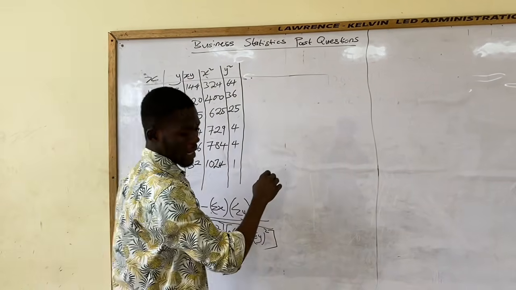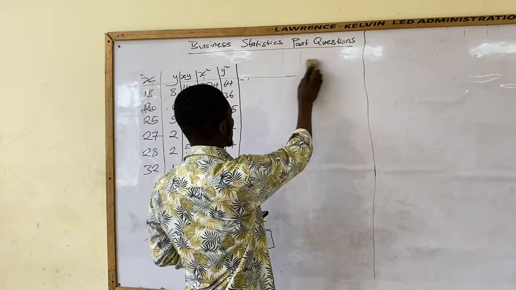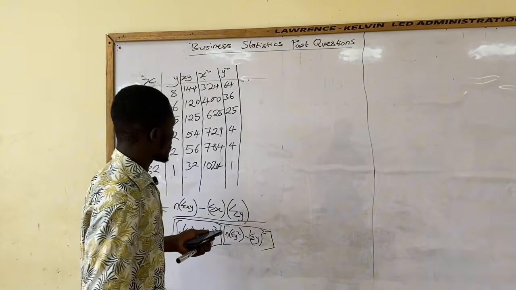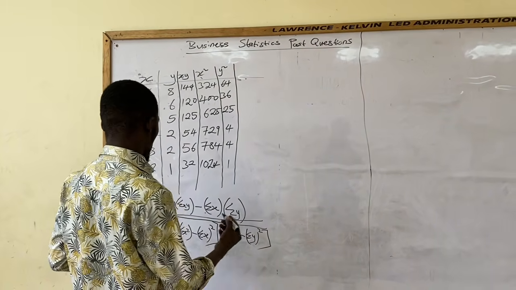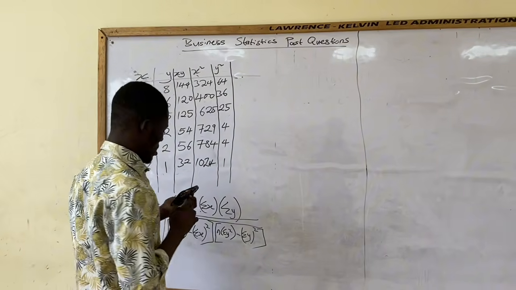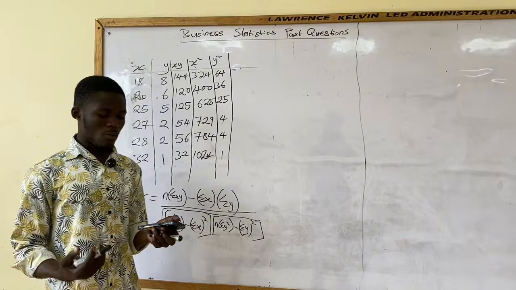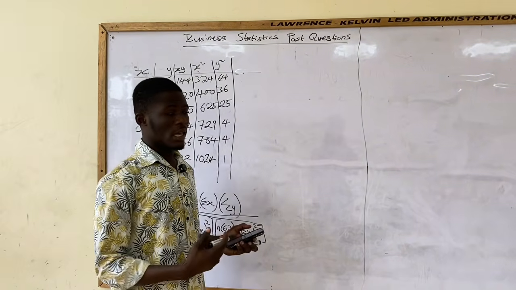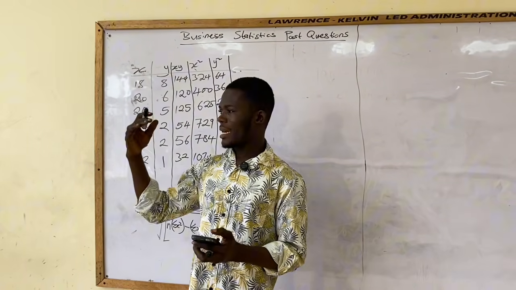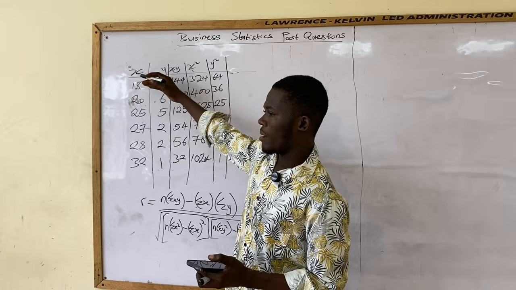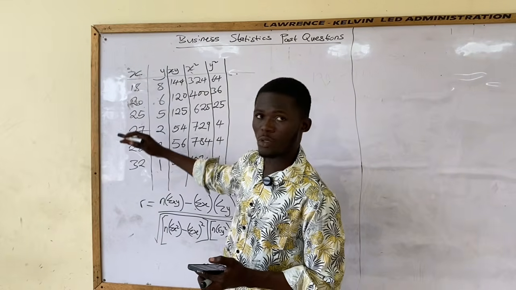Now, let's state them here. Our n will be, and someone will ask, what is the n doing here? The n is the number of terms over here.